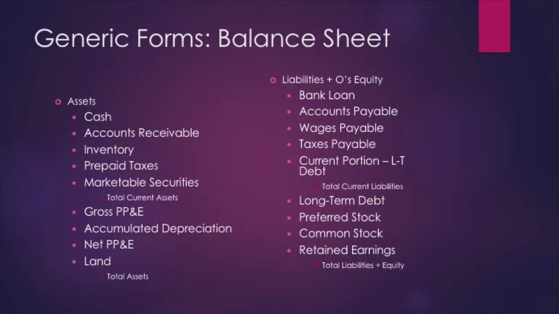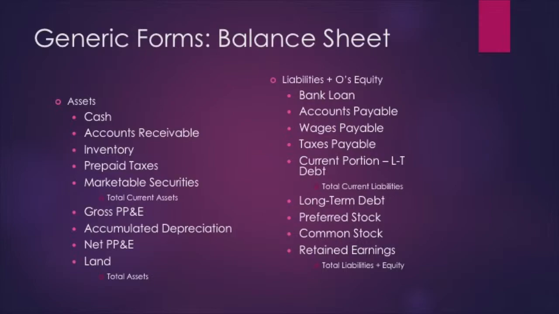On the balance sheet, you would include your assets, liabilities, and equity. On the asset side, you will include cash and cash equivalents, accounts receivable, inventory, any prepaid taxes, marketable securities, property, plant, equipment, accumulated depreciation, and any land.